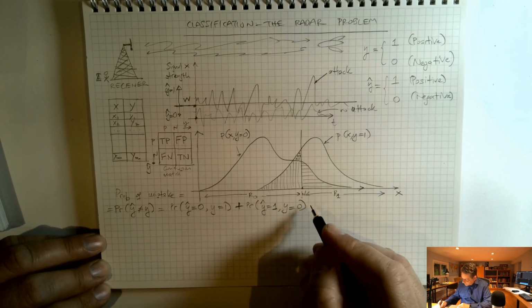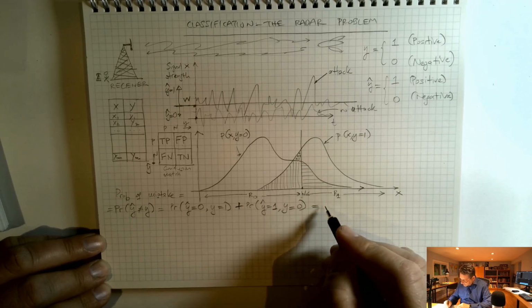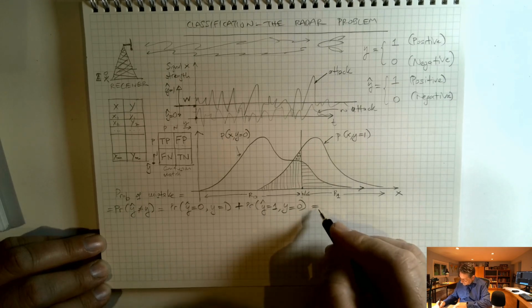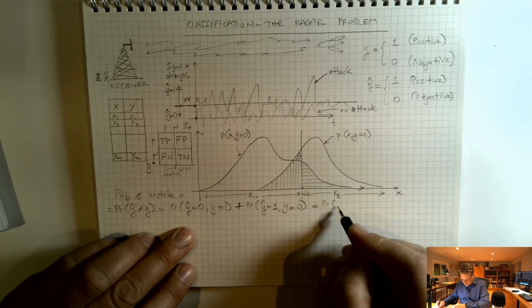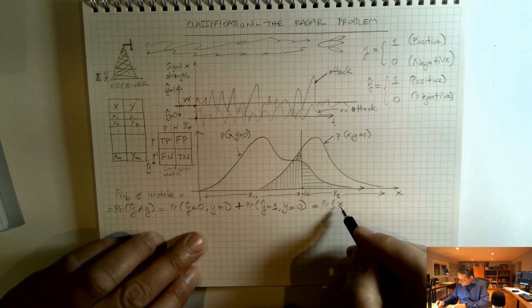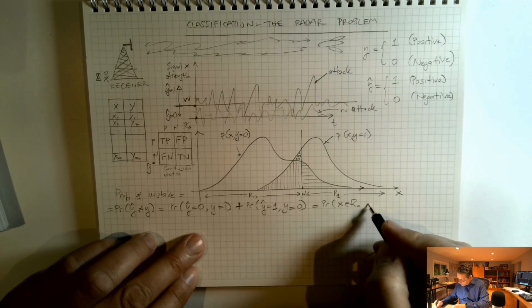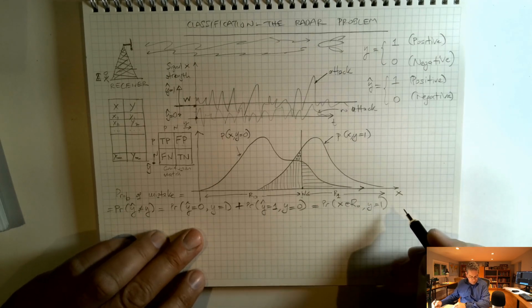So I'm going to declare that the first probability over here is equal to the probability that I am making a prediction such that my x belongs to the region R0 when in fact the ground truth is 1.